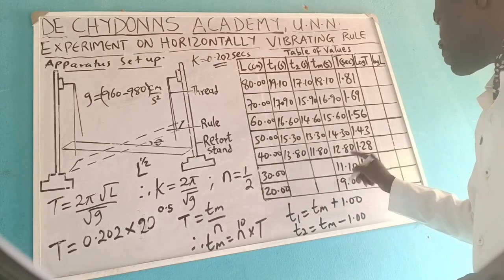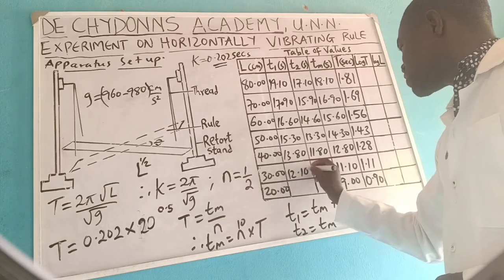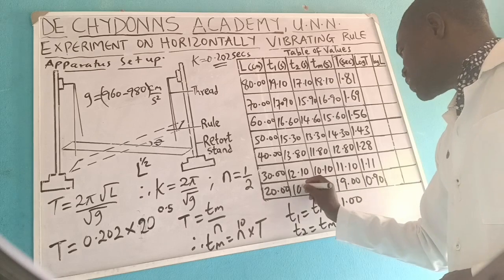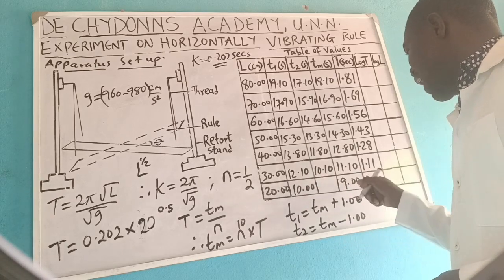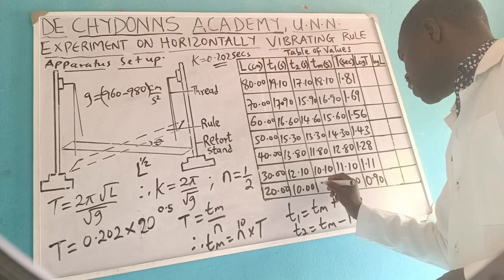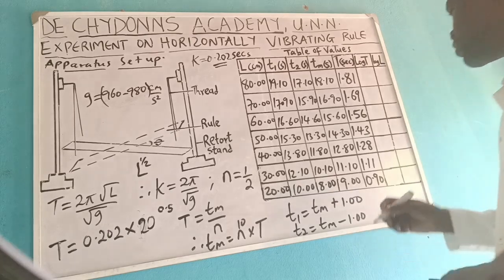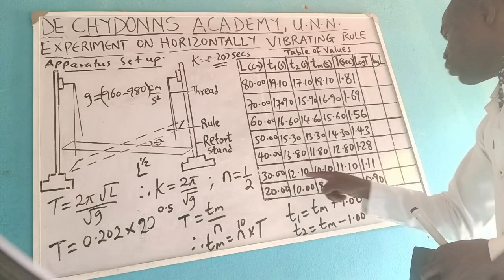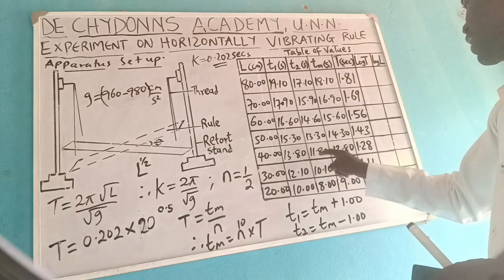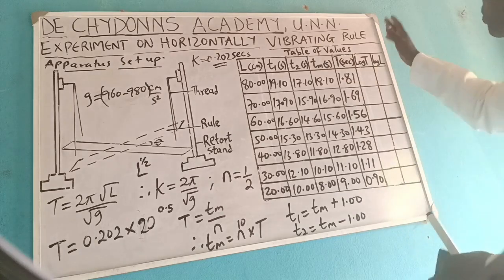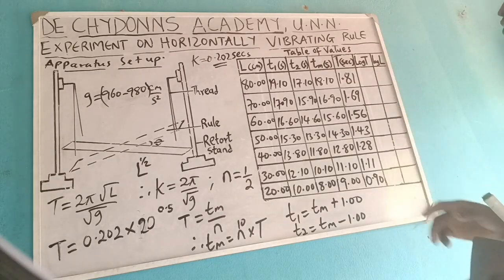Then add 1, 12.10, 10.10. Add 1, 10.00, and this will give me what? 8.00. So that means when you add this and divide by 2, you get this. Then we go to our log T table.